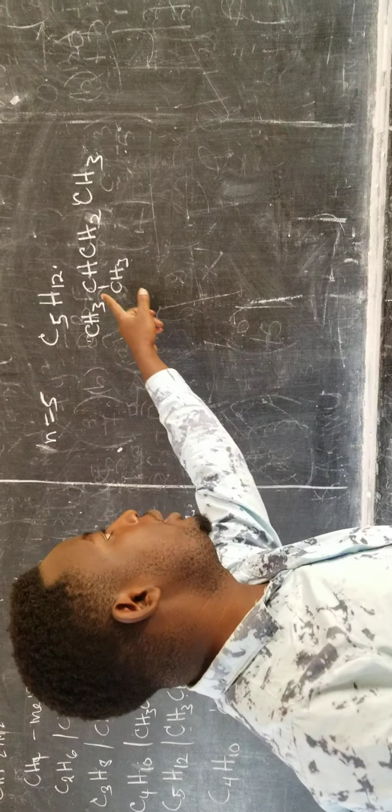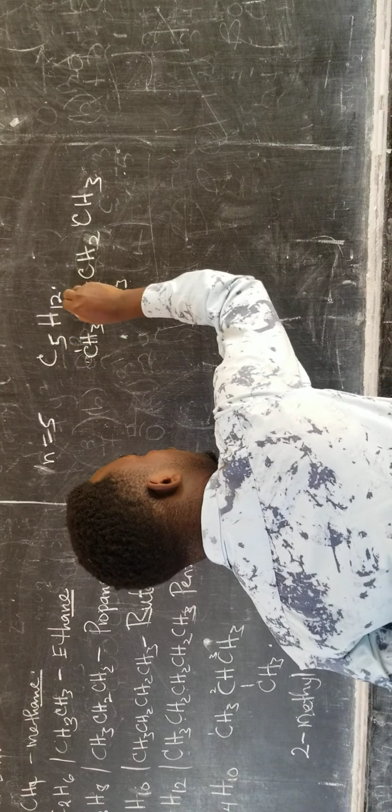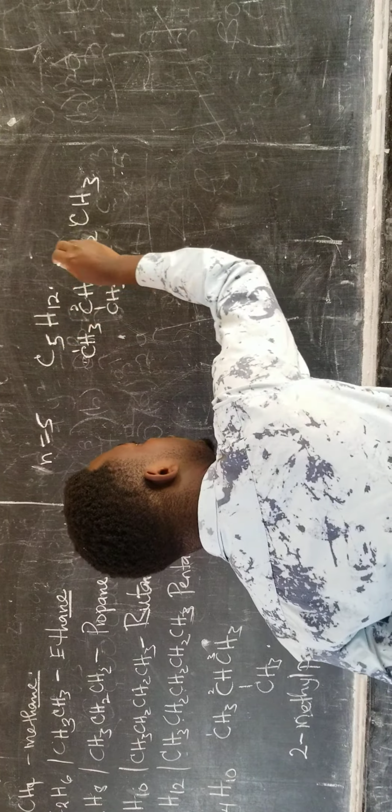When I'm naming this, I have to put the numbers. I can put the numbers like that, but I can also start numbering from this side, 3 and 4. But we say that the branch must be attached to the carbon with its smallest number. So in this case, you see that this carbon can take either position 2 or position 3. So we choose position 2. So the numbering is going to begin from this side. And then we can say that it is 2-methyl.